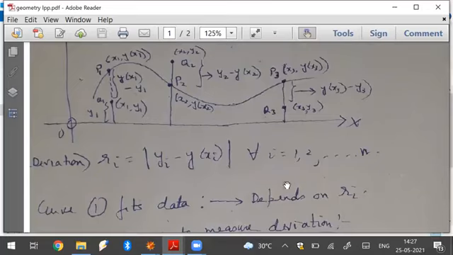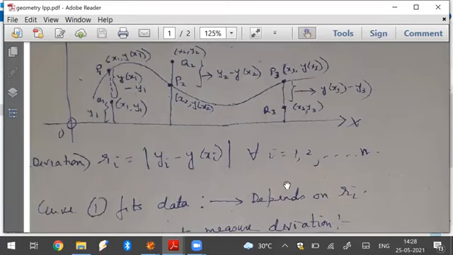Again, I consider another curve where the maximum error is 0.45, and another curve where the maximum error is just 0.3. Which one is the best of these three? The last one, because it gives the smallest maximum error.